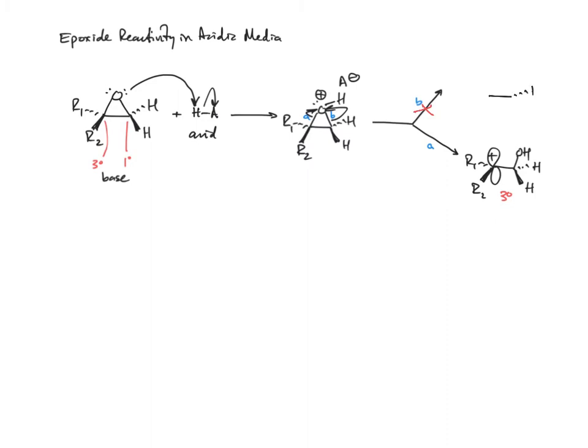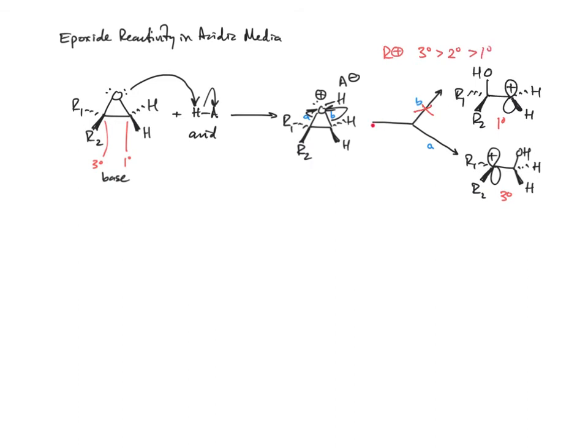So if that opens up, we now end up with a primary carbocation. And again, when we recall carbocation stability, we see that's the trend.